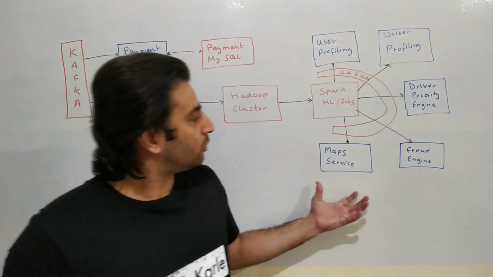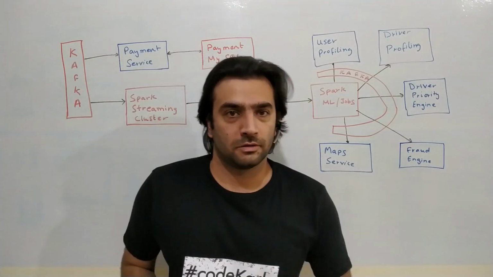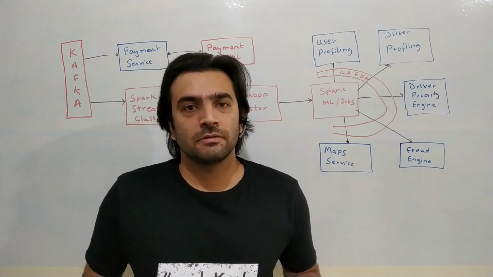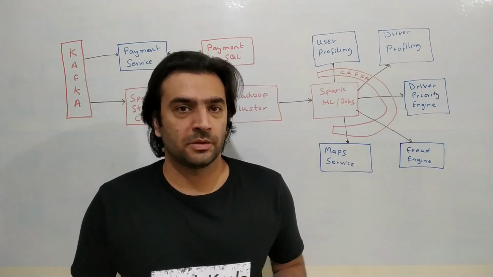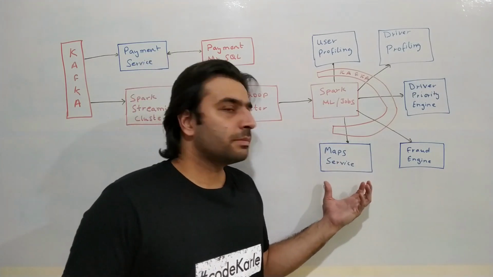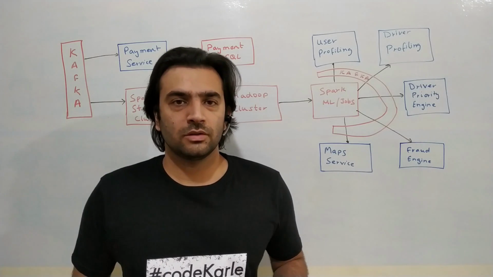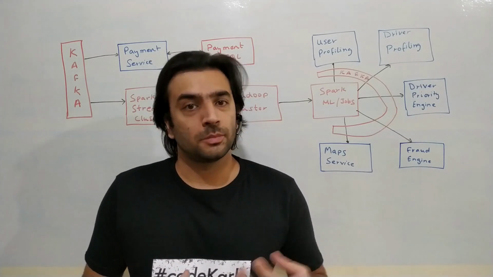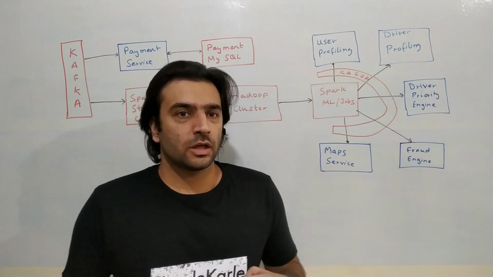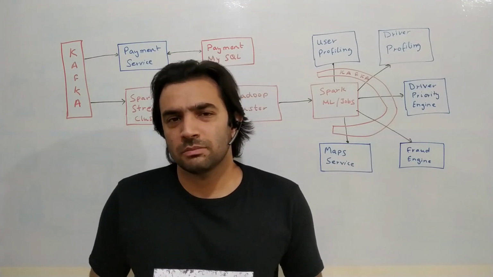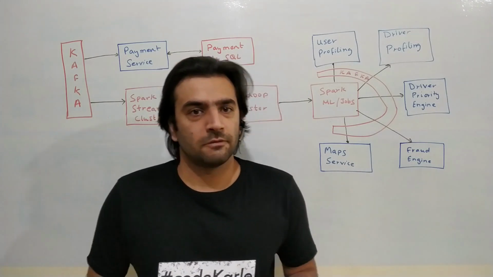Now the same data could be used as an input into the map service. So let's say if we don't have traffic information in maps, all these lat longs would power the traffic information of the map service. We will not know the exact number of people traveling on the road, but if some road has more of our cars, then we can safely assume that there is probably more traffic there also, if we are at Uber scale.